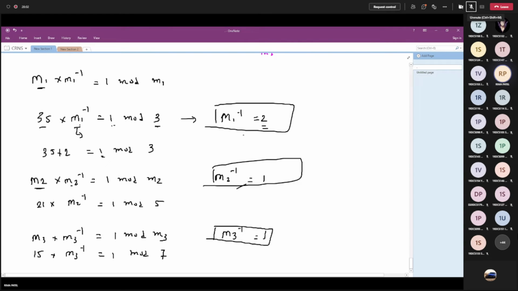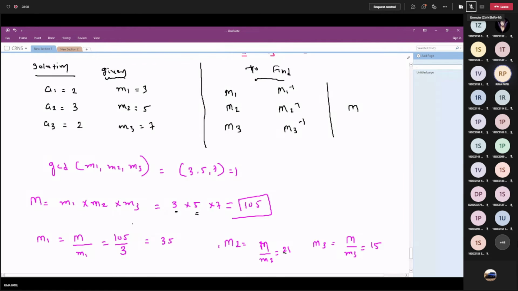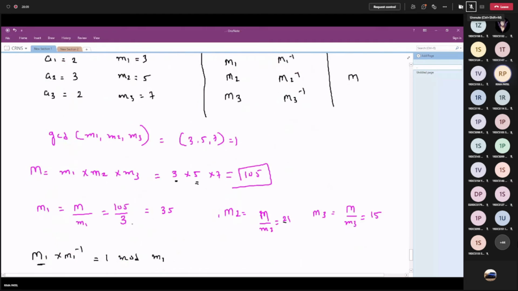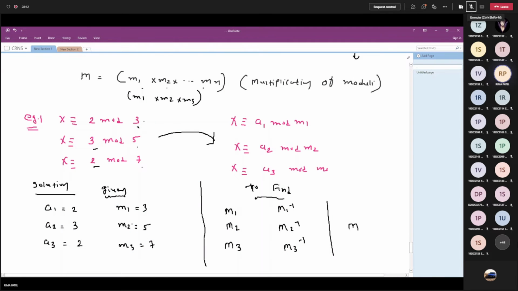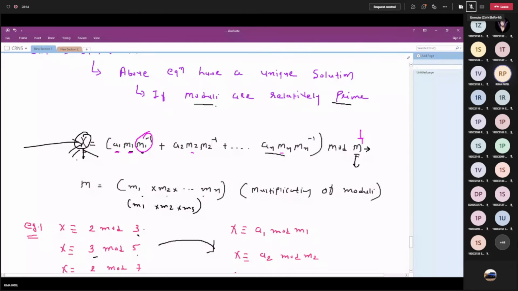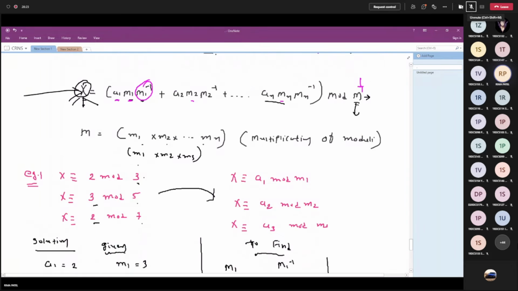M1, capital M1, M2, M3, M1 inverse, and A1, A2, A3, right? So let us take our equation. I will put the values in it. I have small m and capital M also. I'll put the values and then find the solution for this equation.